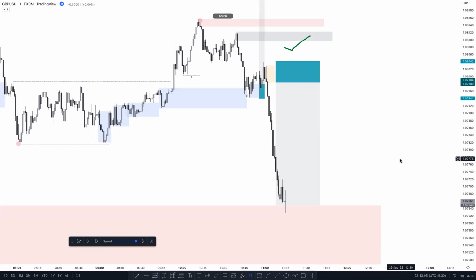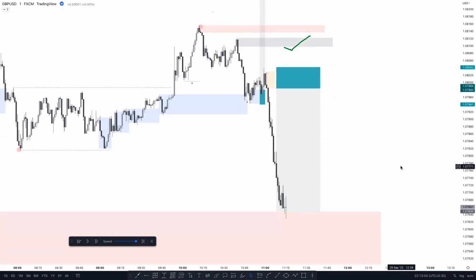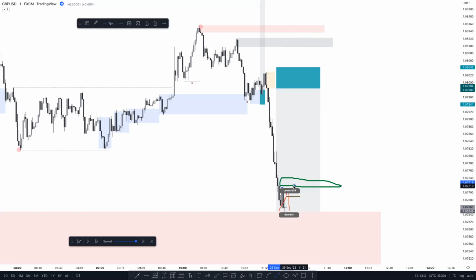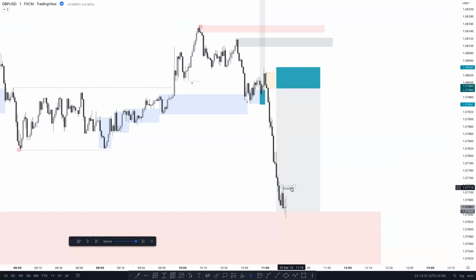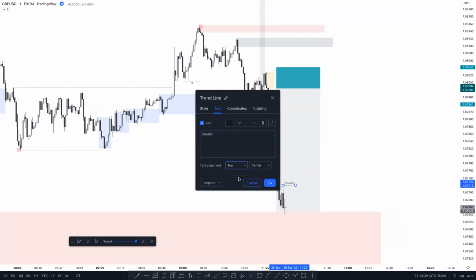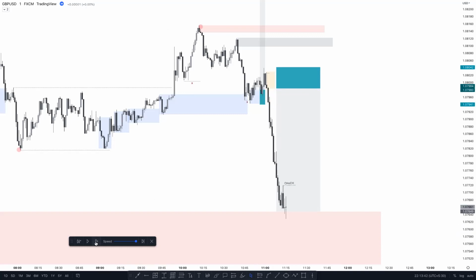Okay. So in this case, where is our CHoCH, when can we take entry for the buy? Where is our first pullback? Okay. So this one is our first pullback here. And this one is called change of character. Once market takes out this high, I mean breaks this high, and then waits for the inducement to be taken out, then we can buy.